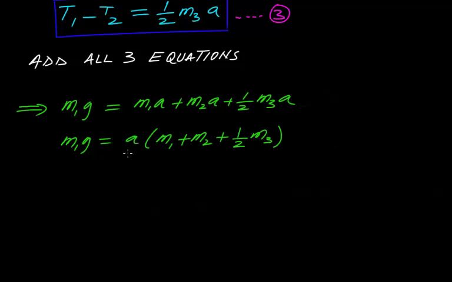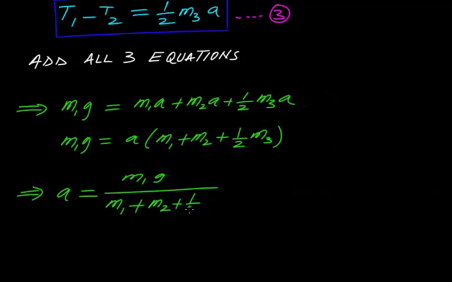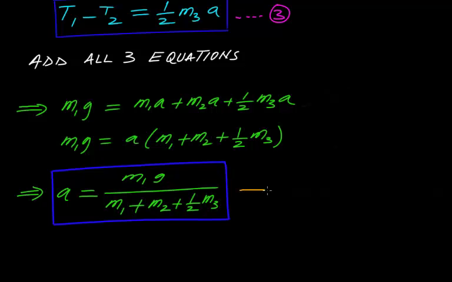Now to isolate the acceleration, all you need to do is divide both sides of the equation by m1 plus m2 plus 1/2 m3, and the answer for a is going to be m1g divided by m1 plus m2 plus 1/2 m3. Solving for a, we obtain 4.9 meters per second squared.